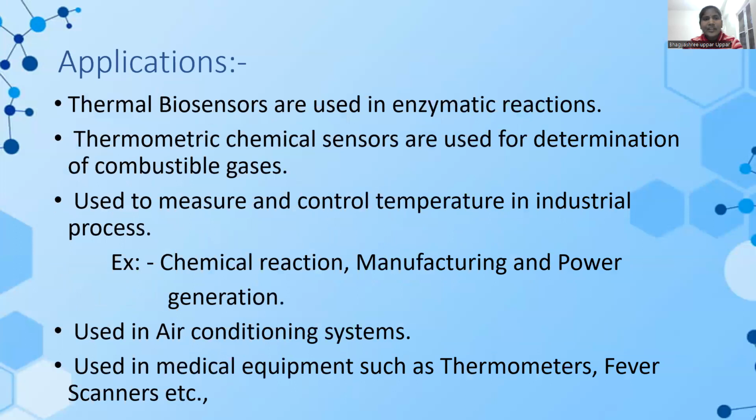The applications of thermometric sensors: thermal biosensors are used in enzymatic reactions. Thermometric chemical sensors are used for determination of combustible gases, and to measure and control temperature in industrial processes, for example chemical reaction, manufacturing and power generation. Used in air conditioning systems. Used in medical equipment such as thermometers, fever scanners.